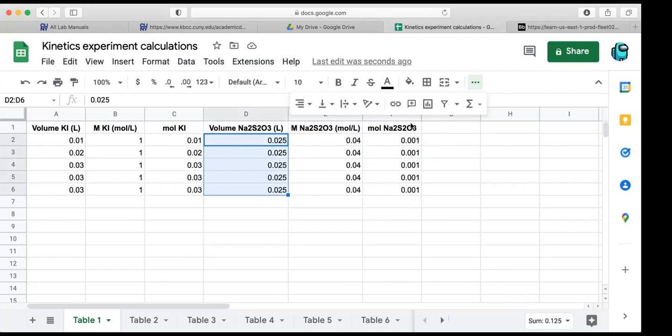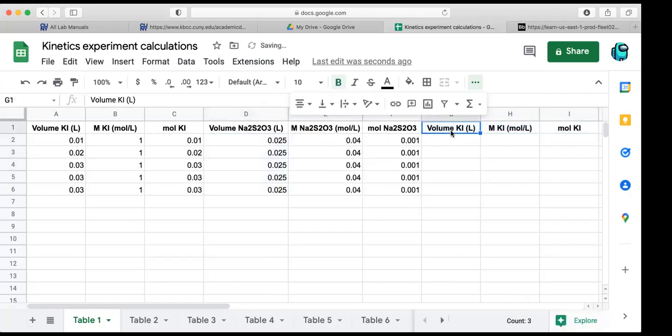Okay. And then let's do the same thing here. But now we're going to do the H2O2. This is going to be H2O2.